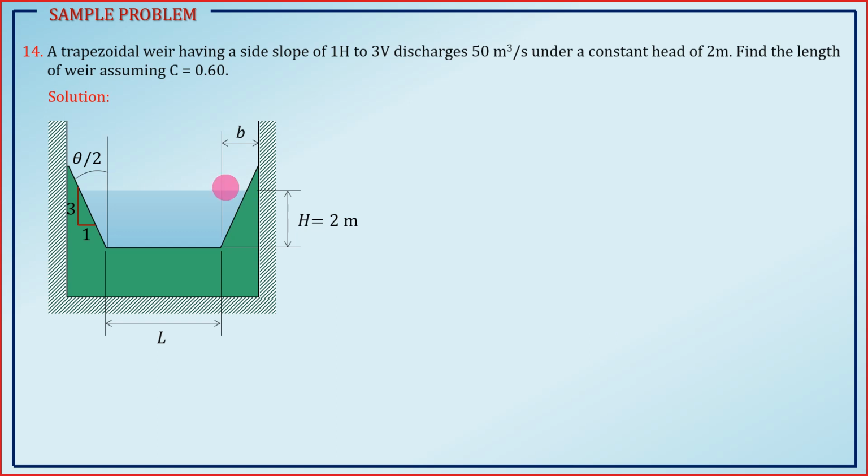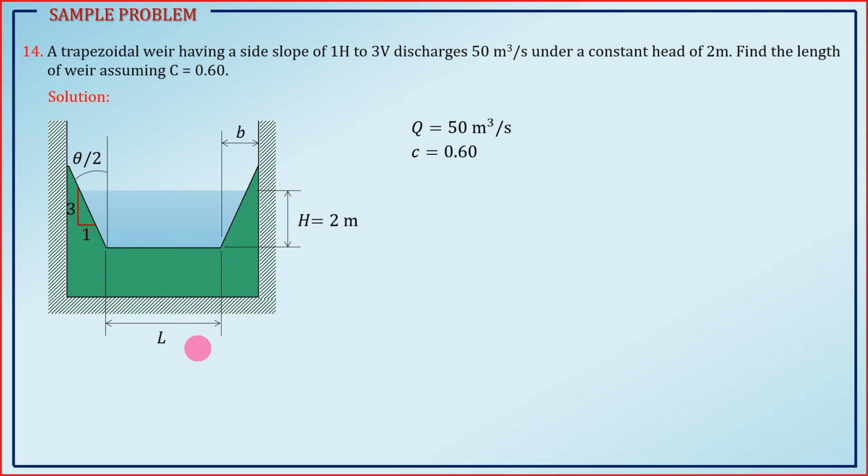We have this head of 2 meters, and this Q of 50 cubic meters per second. Then find the length of the weir, assuming C is 0.6. So, this is the length we are looking for, the length of our crest.